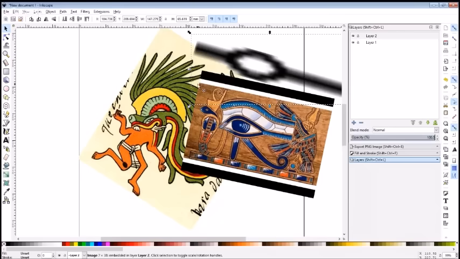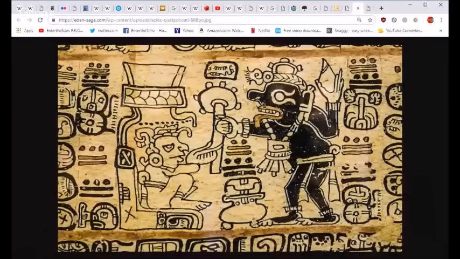Now, we're told, again, that these two races are unrelated, that the ancient Aztecs had nothing to do with the Egyptians, but yet here we see all these similarities, okay? Here you see almost this Q-like handle, okay? This is an image of Quetzalcoatl, right?